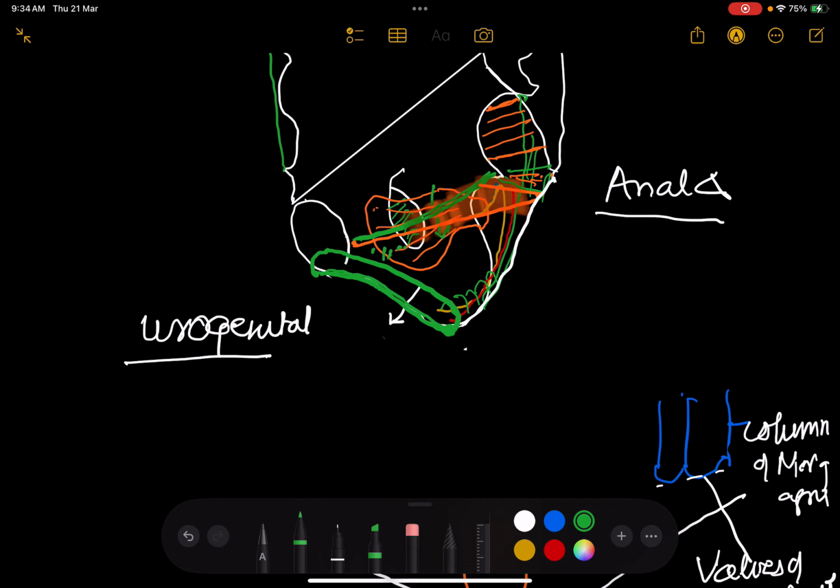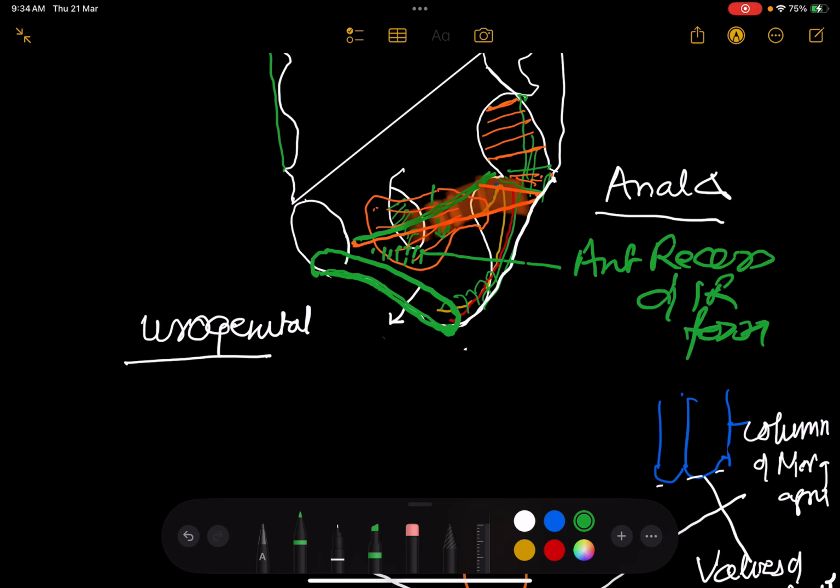So this space here is the anterior recess of the ischiorectal fossa, and the perineal membrane ending in the perineal body and the superior fascia of the urogenital diaphragm enclose a space which is called the deep perineal pouch.